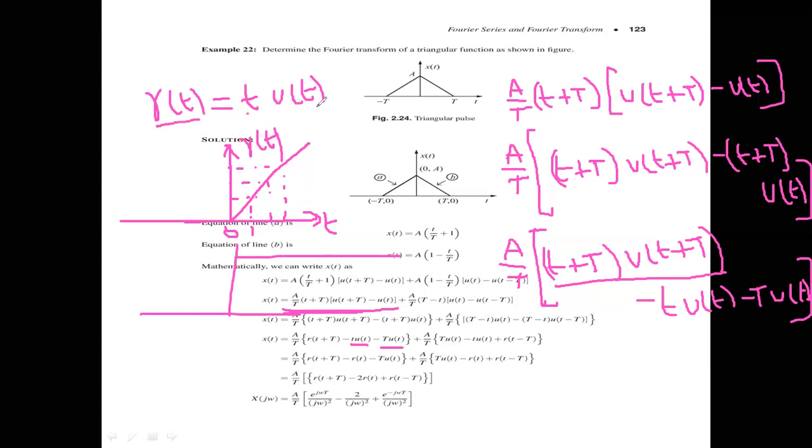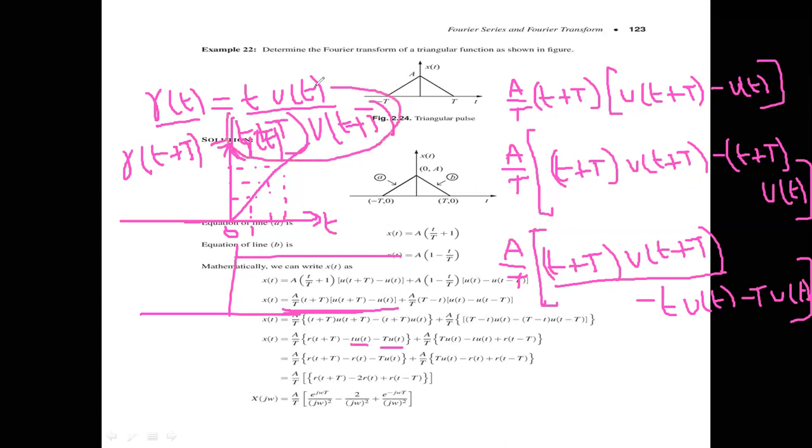r of t is t into mu of t. But here, instead of t, there is a plus, plus with the samples of T. So t is replaced with t plus capital T. r of t plus T is equal to t plus capital T and mu of t plus capital T. Okay, my dear students.